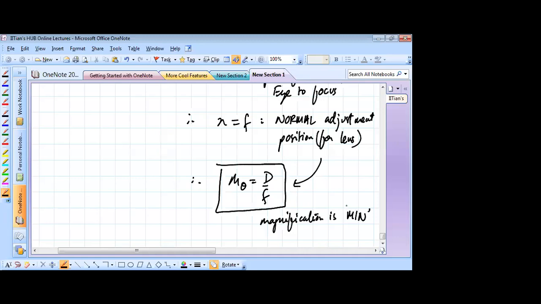We'll see we can get more than this. But the eye is comfortable because the image that we are seeing is comparatively very far. So this is what we call the normal adjustment position.